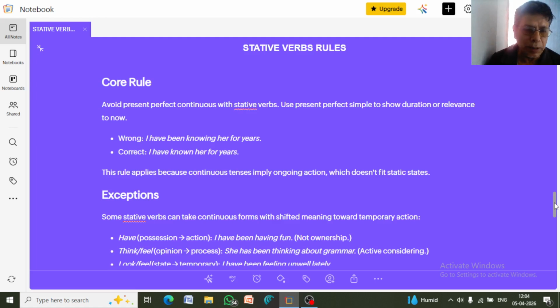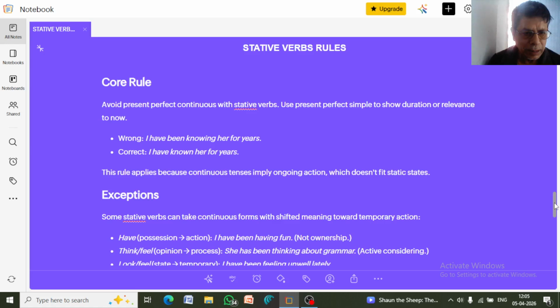Suppose you are using the stative verb in perfect continuous tense, which is wrong. In this case, you can use the simple perfect tense or present perfect tense. Instead of present perfect continuous, you can use present perfect, which will of course mean the continuity.